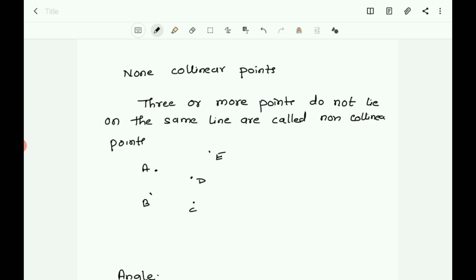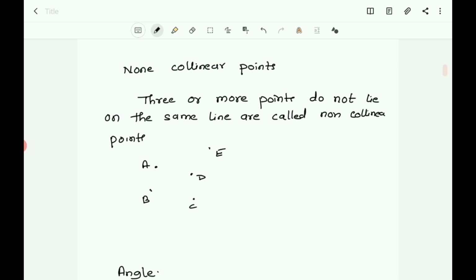They are not on the same line. You can't draw one single line by joining them. So what are non-collinear points? 3 or more points that do not lie on the same line are called non-collinear points.